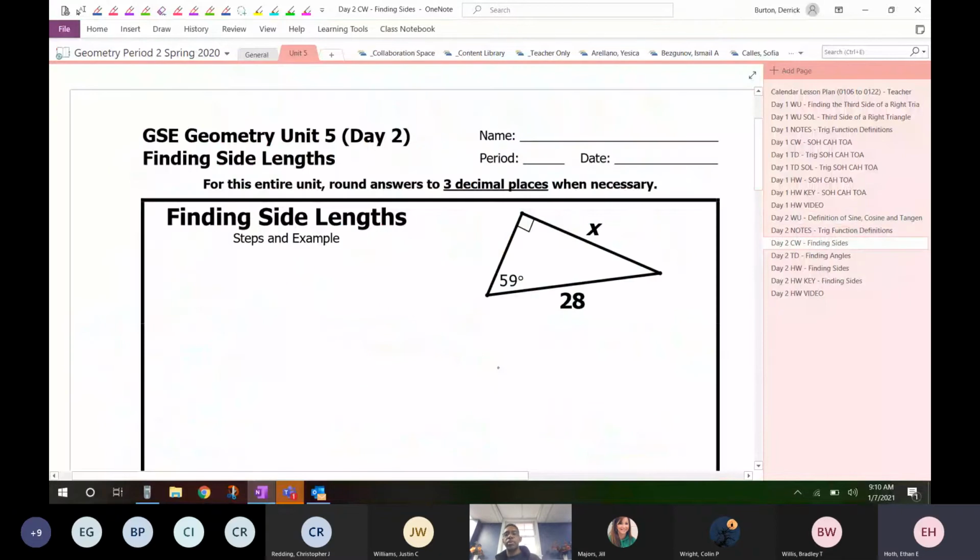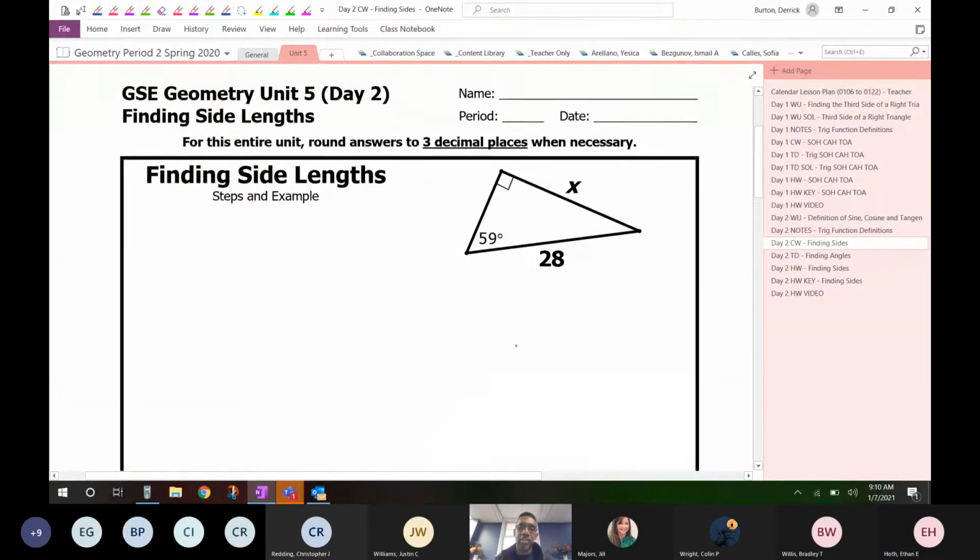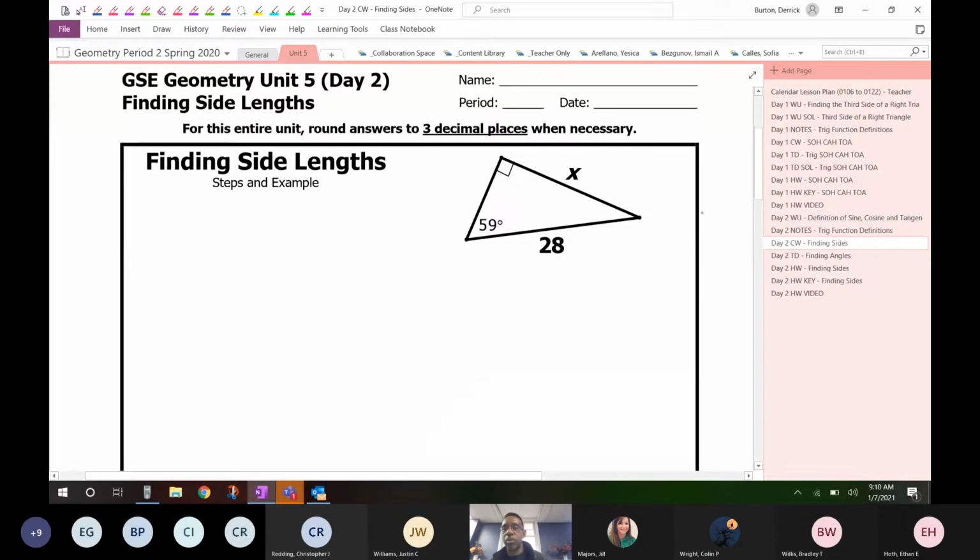Okay, now jumping over to the classwork, we're taking this the next step further. We're going to use these trig functions to find missing values.